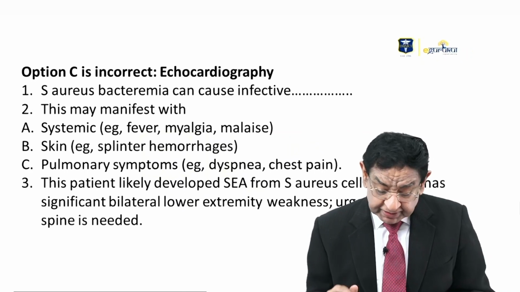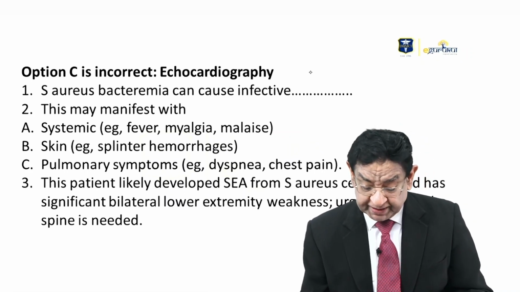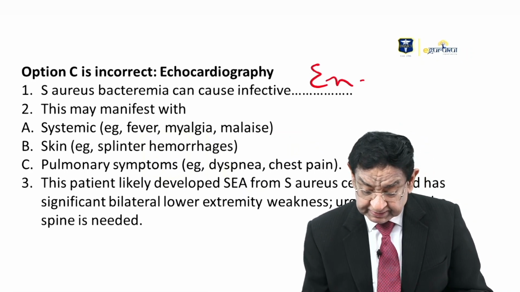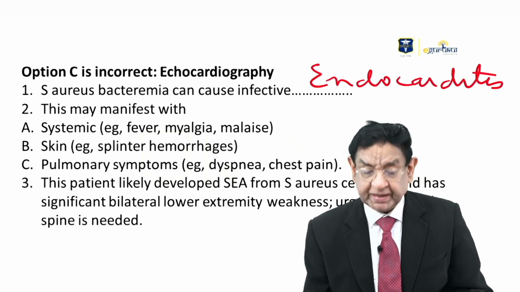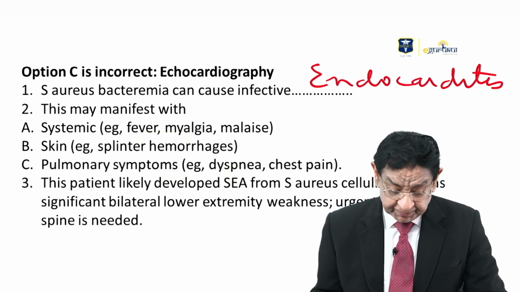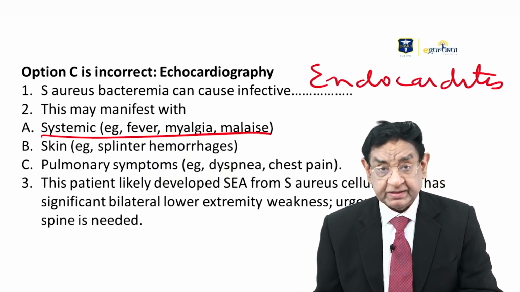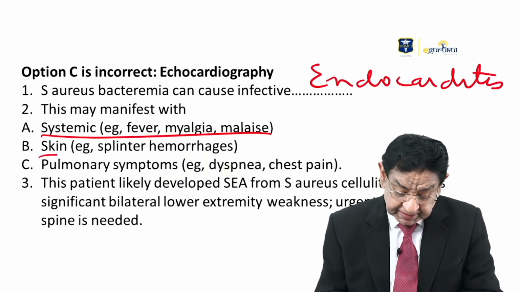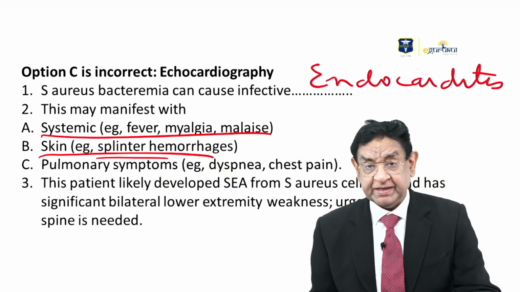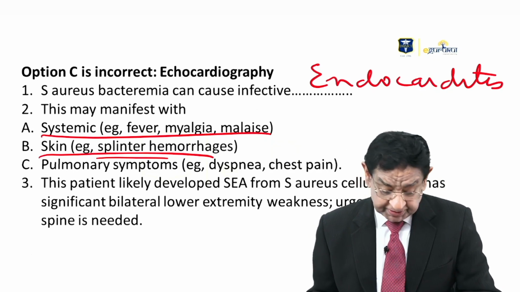Echocardiography: Staph aureus is the causative organism of bacterial endocarditis, especially in the setting of an IV drug abuser. But endocarditis patients have fever, which our patient has, and skin findings like splinter hemorrhage, which are not there in our patient.